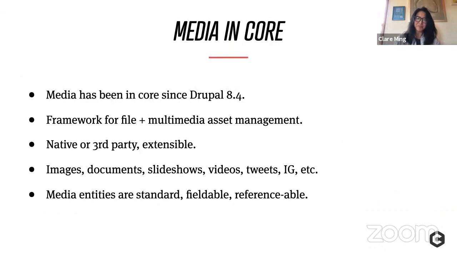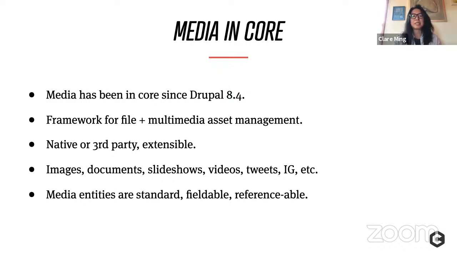Next slide. So just a quick word about media in core. It's been in core since 8.4. And as most of us are probably familiar with, it's a really robust framework for media management, whether it's native media or coming from a third party. It's highly extensible. There's a rich ecosystem of contrib modules that support media in core. And of course, the objects that we're talking about are images, PDFs, social media embeds and the like.